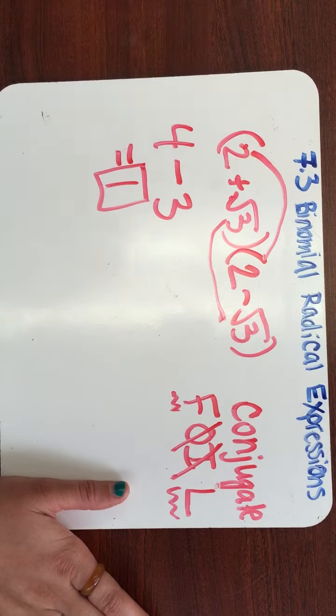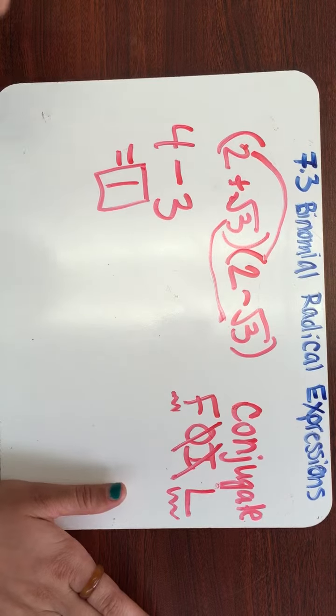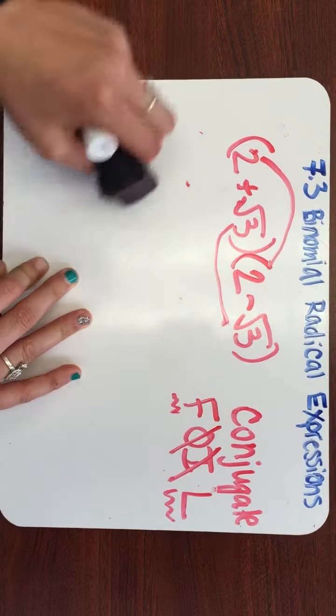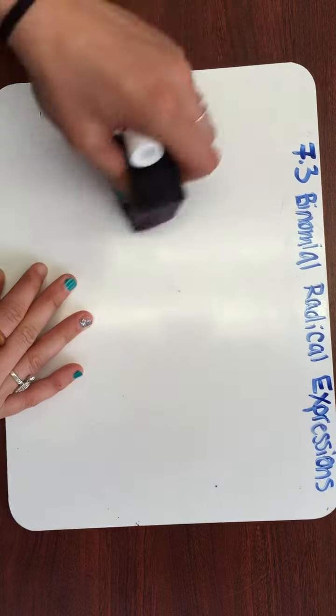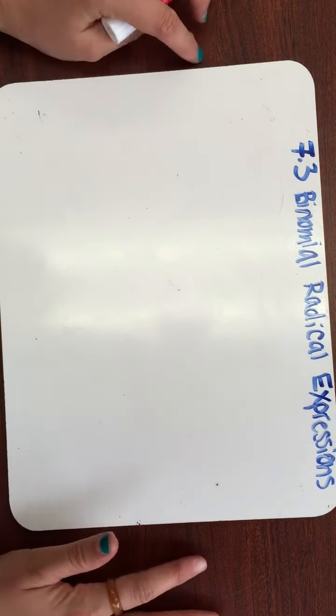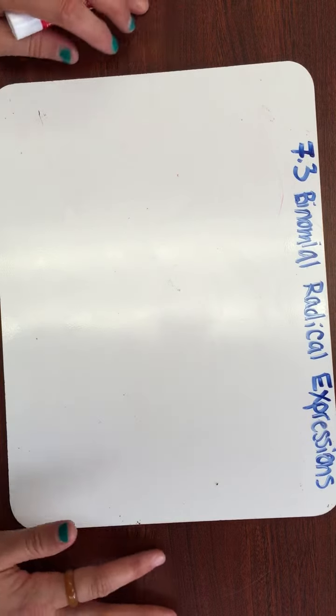So that will then lead us to multiplying out and trying to rationalize the denominator when we have binomial radical denominators.